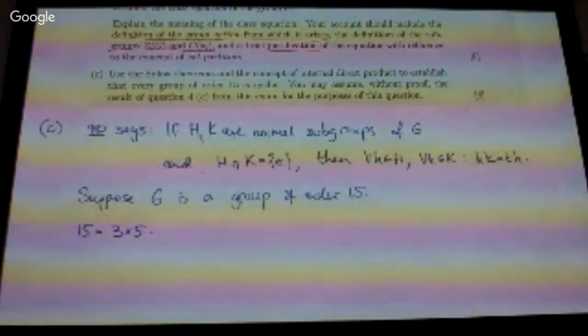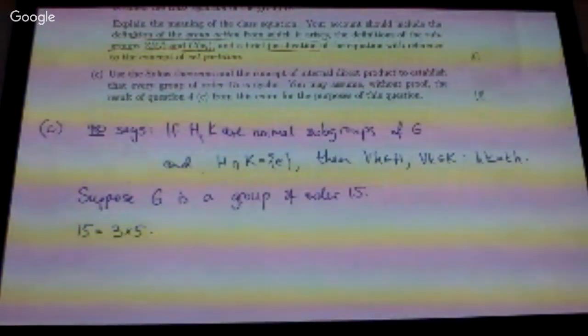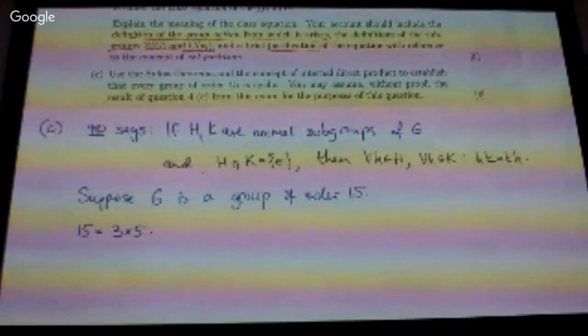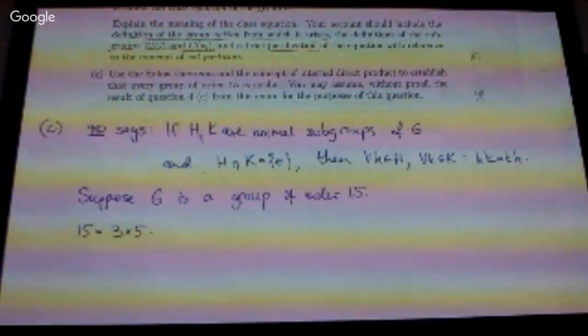Now the first Sylow theorem, what does it say? It says that if you have a prime p such that p to the r divides the order of the group, then there is a subgroup of order p to the r.